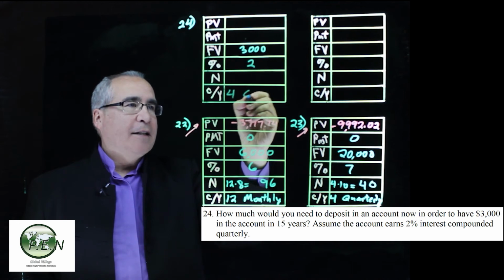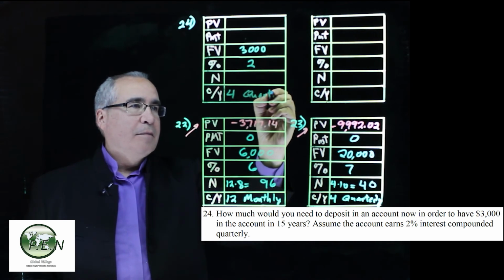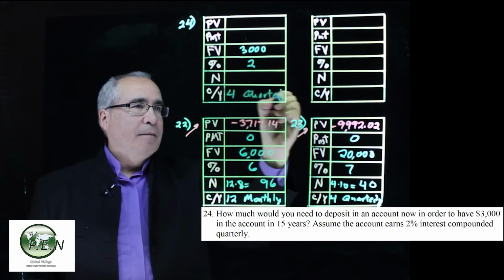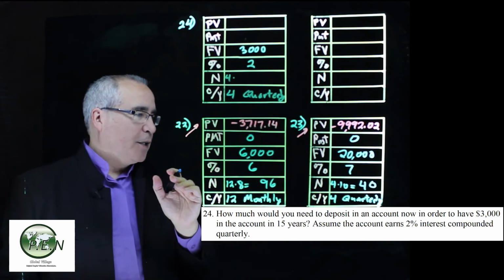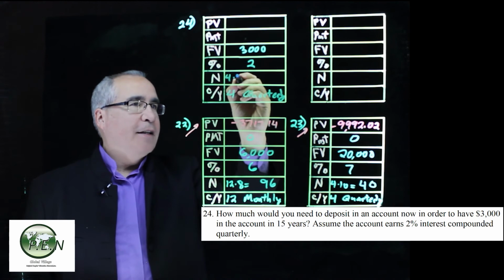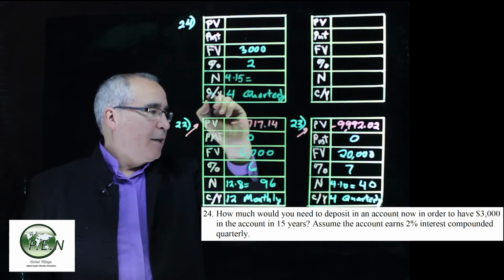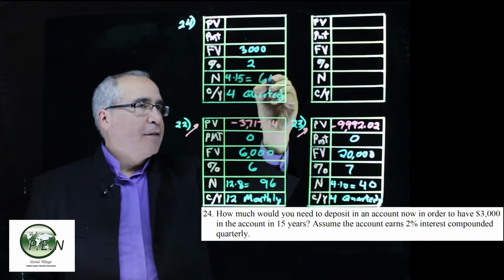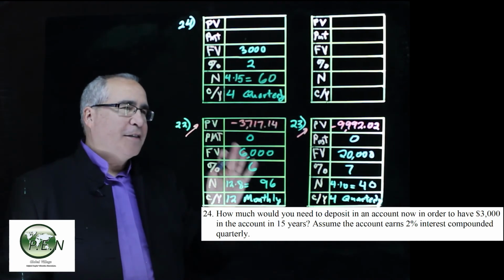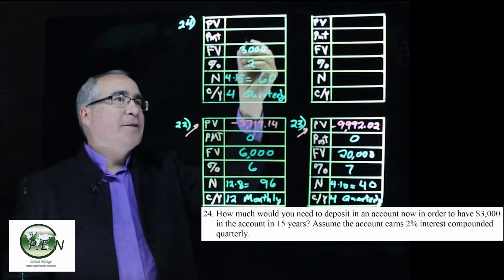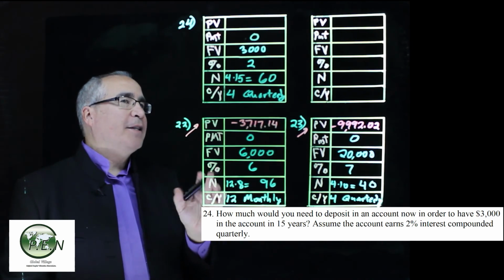So our N is going to be 4, because that's for quarterly, times 15 years. When we do that calculation, that's going to be 60 periods. Not 60 months, 60 quarters. Okay, no payment.